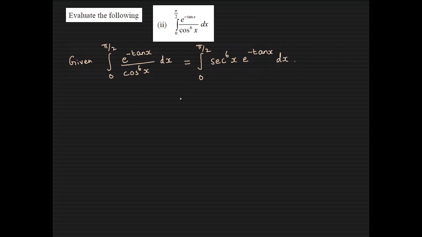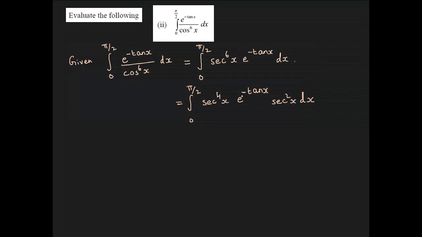Okay, and then I am going to split that secant power 6x like secant power 4x into secant square x, that I am going to write with this dx. Okay, so secant square x into dx.